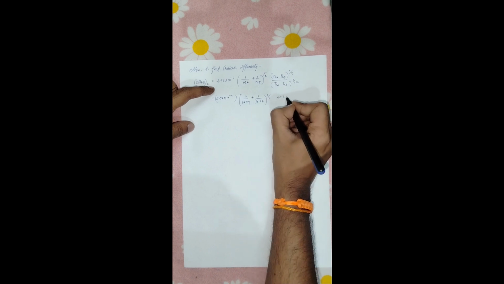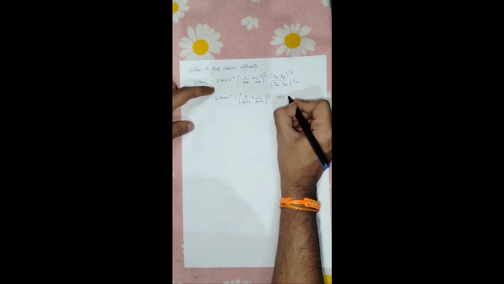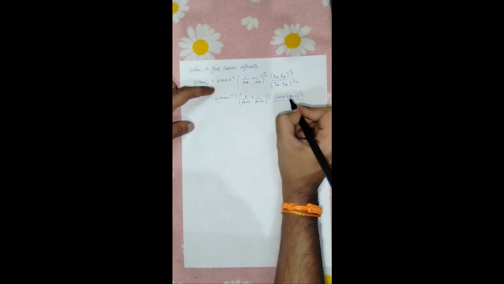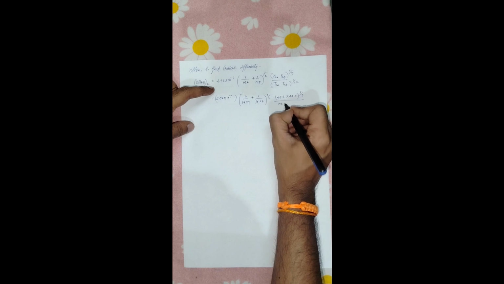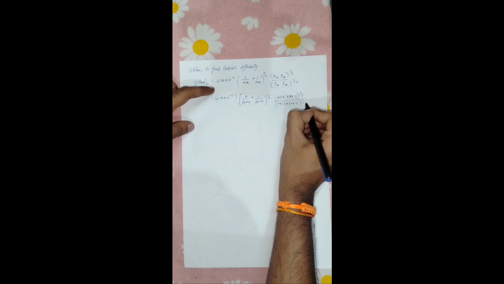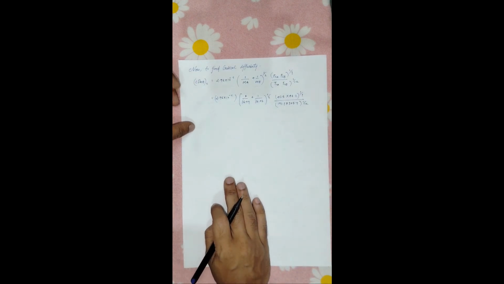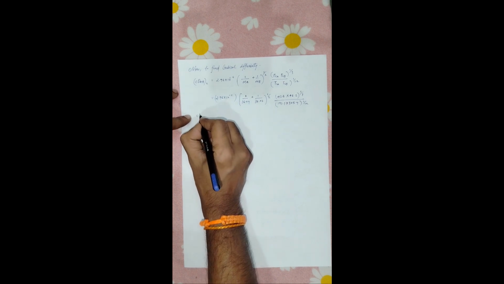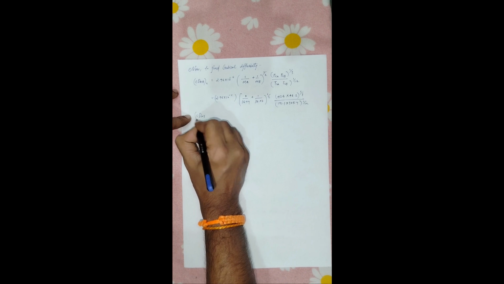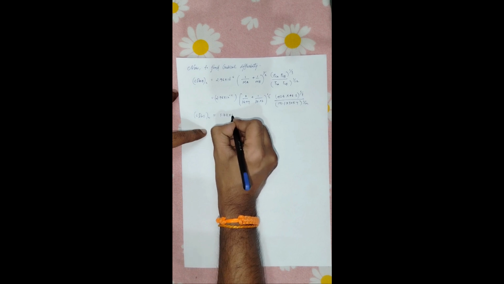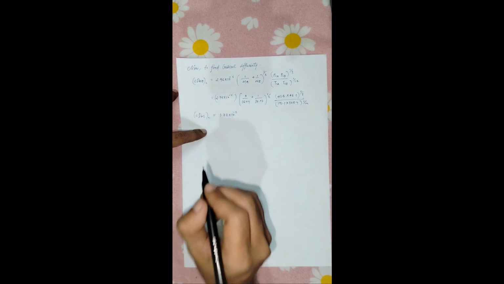PCA is 45.8, I hope you are able to see it, 48.2 to the power 3 and 191.1 into 305. Okay, so this is the substitution which we have done, and after substituting in the calculator, CDAB of critical we get as 1.72 into 10 to the power minus 5. Okay, so this is the value which we have got.